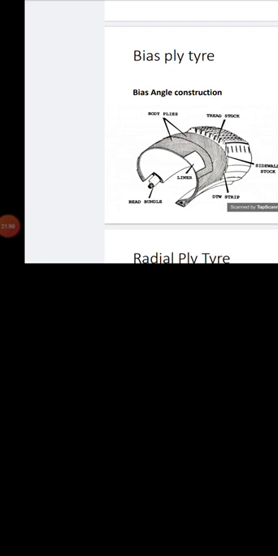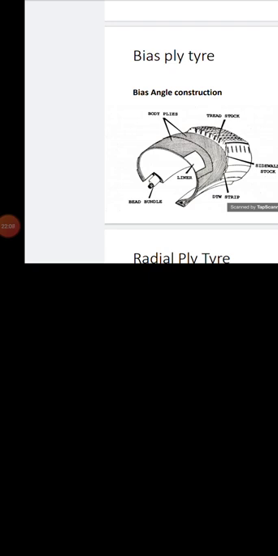So the tire wear is too much in case of biased angle tires. Body plies are placed at angles, that's why it's called the biased angle.